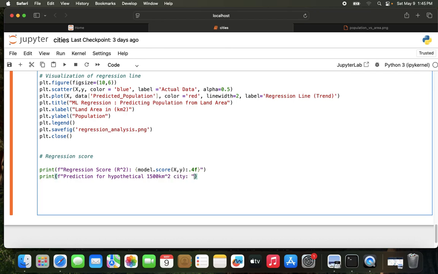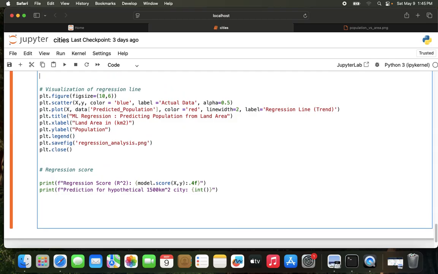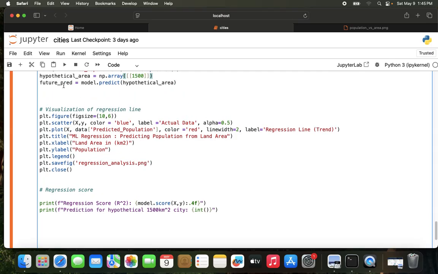So we're going to fetch that as an array as well, because we want an integer value. So we're going to have this future prediction. Even though it's going to return just a single value, you have to call it as an array, index 0, like so. I think I'm done with this.